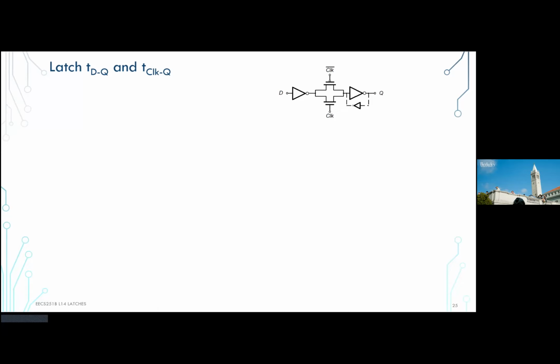What's the optimal fan out for an inverter? 4. What's an optimal fan out for an AND gate? More or less than 4? It's a little less, like 3-ish. What's an optimal fan out for a pair of inverters?